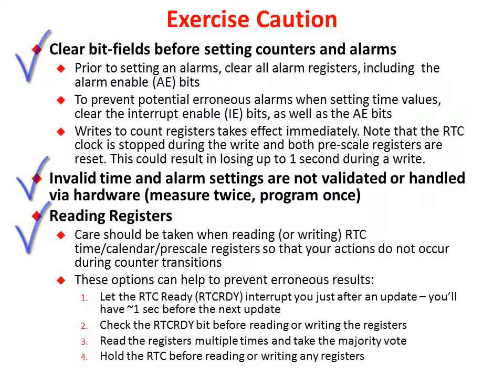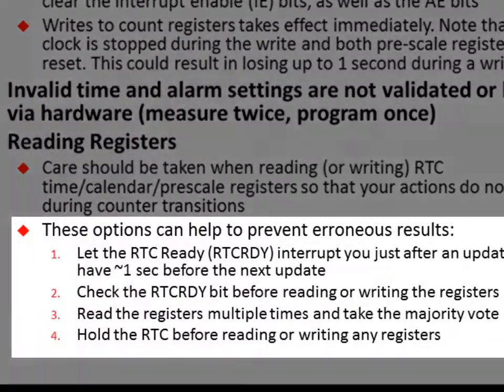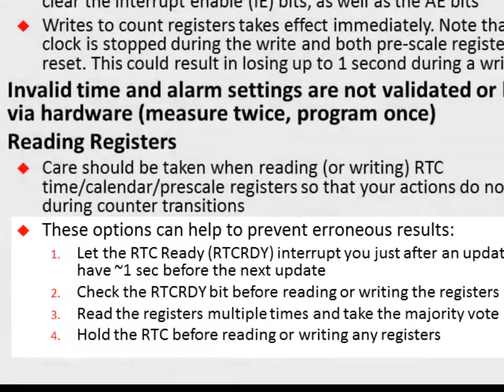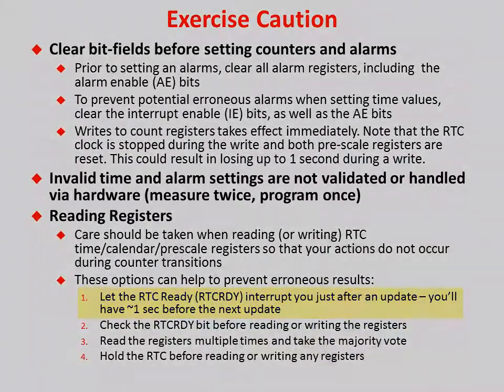To keep this from happening, the RTC provides a ready bit that lets you know when it's okay to read or write its registers. You can poll the ready bit, or better yet, use it to interrupt the CPU when the registers are available. In fact, this is one of those interrupts we talked about earlier. Finally, you could just hold the RTC before accessing its registers, but the method we prefer most is using the ready bit as an interrupt.